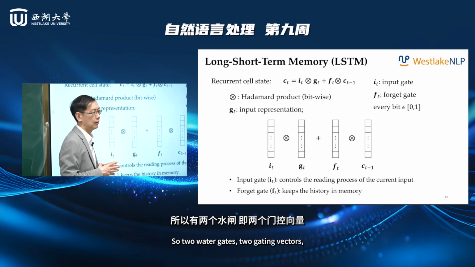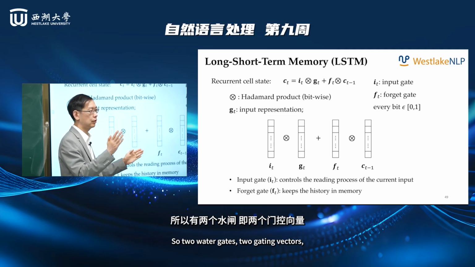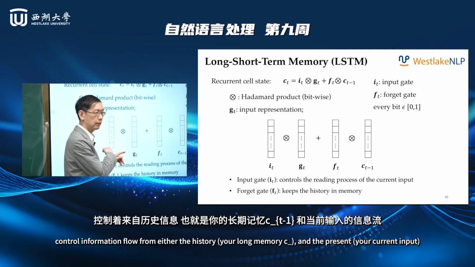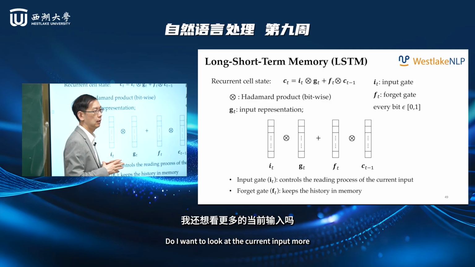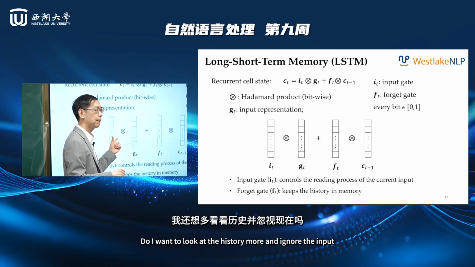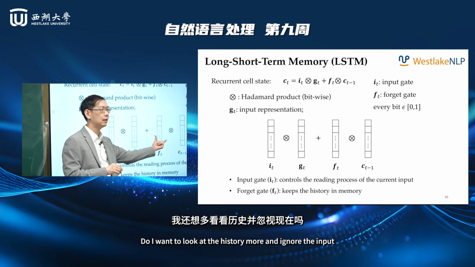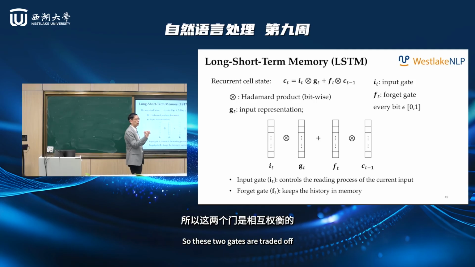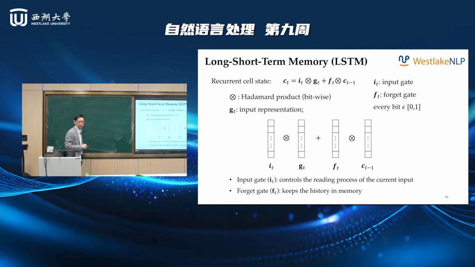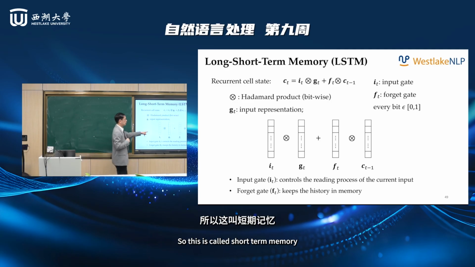So two water gates, two gating vectors, control information flow from either the history, your long memory, CT minus 1, and the present, your current input. Do I want to look at the current input more? You open this gate. Do I want to look at the history more and ignore the input? You open that gate. So these two gates are trade-offs. So this is called short-term memory. This is called long-term memory.